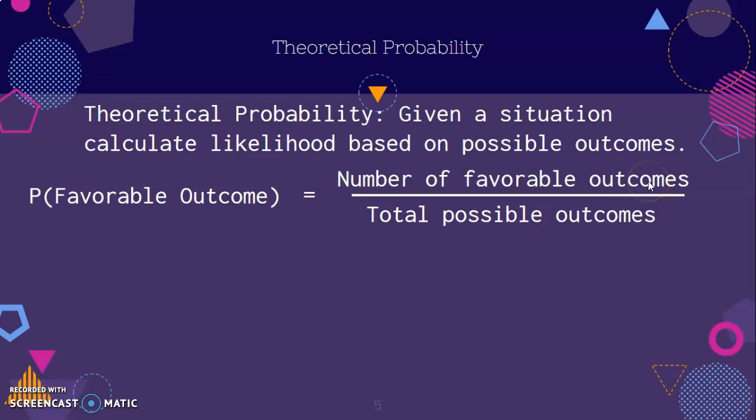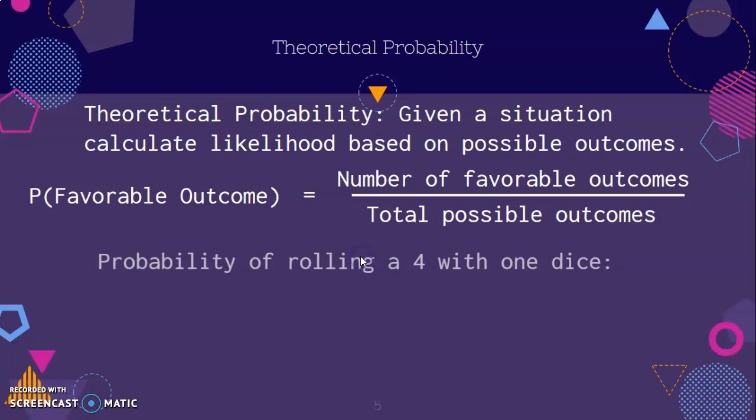Remember, in our sample space, our combinations, our permutations, we're coming up with a number. So we want to determine the number of favorable outcomes. How many ways can we get a 4 when we're rolling the dice? That goes up here. And then we divide it by the total possible outcomes. So that is just the total, like a sample space of the dice roll. How many ways can we roll the dice? How many outcomes are there?